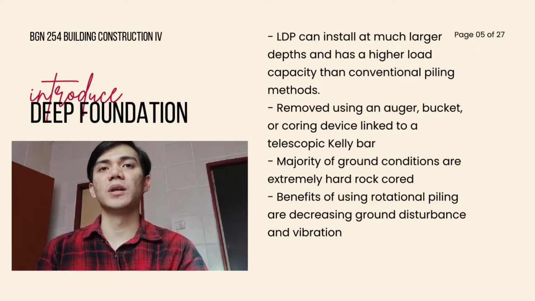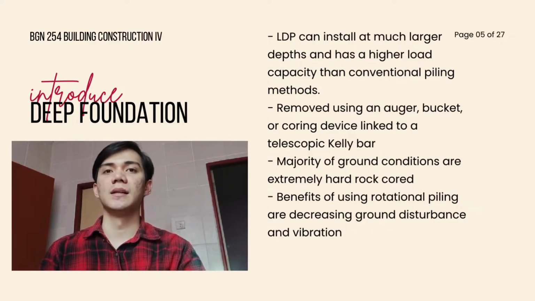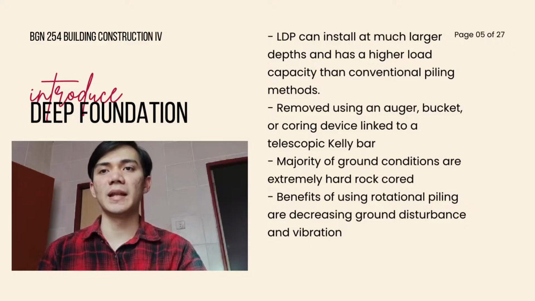Rotating a casing into the earth to support granular or poor ground is basically how rotary bored piles are built. The spoil is then removed using an auger, bucket, or coring device linked to a telescopic kelly bar.